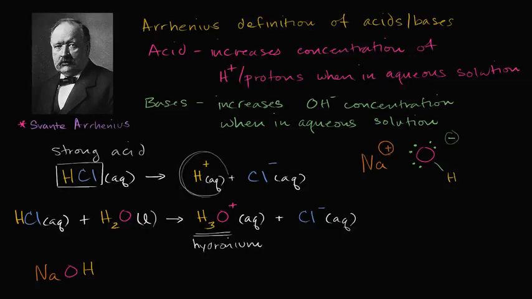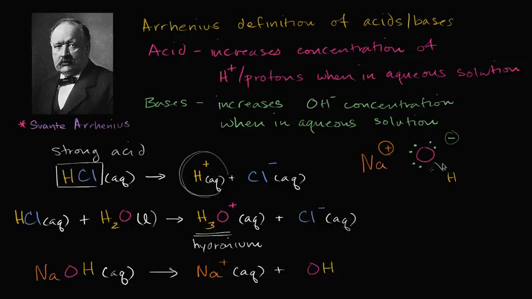But anyway, you throw some sodium hydroxide into an aqueous solution, it will dissociate into sodium with its positive charge, the sodium ions. And actually, the sodium ion is still attracted to the hydroxide anion, but it's still going to be in an aqueous solution. And then you're going to have the hydroxide anion.